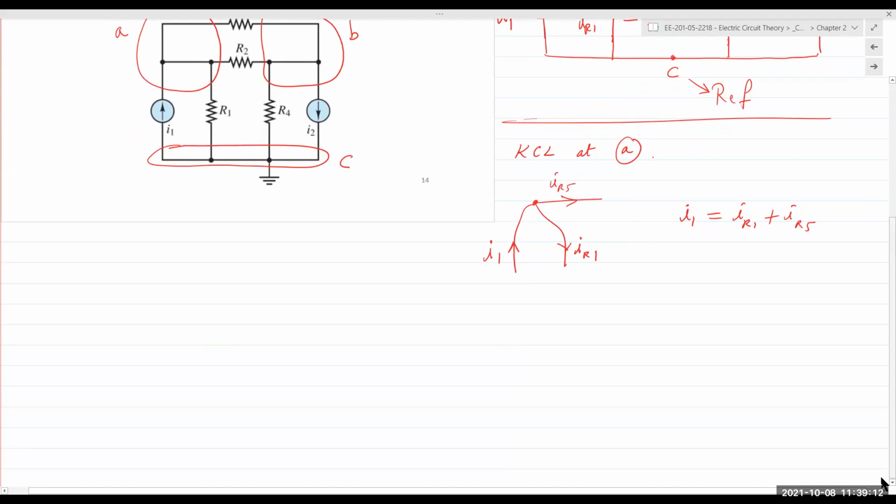Easy enough, right? You proceed step by step, and then the chances of errors are highly reduced. The next step is to apply Ohm's law, and I can write I1 is equal to VR1 divided by R1, plus VR5 divided by R5.